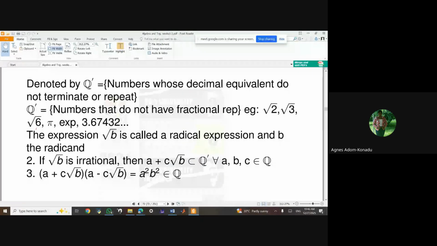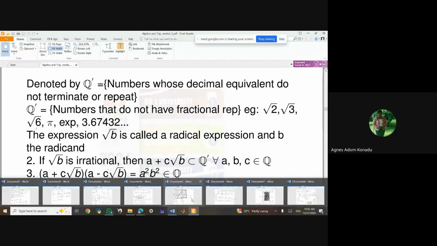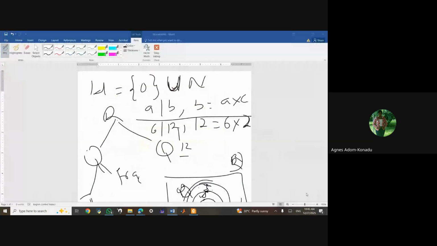Now if root b is irrational, then a plus c times root b will also be irrational, even though a, b, c are rational. And then when I multiply a plus c root b by a minus c root b, let's see what we're going to get.